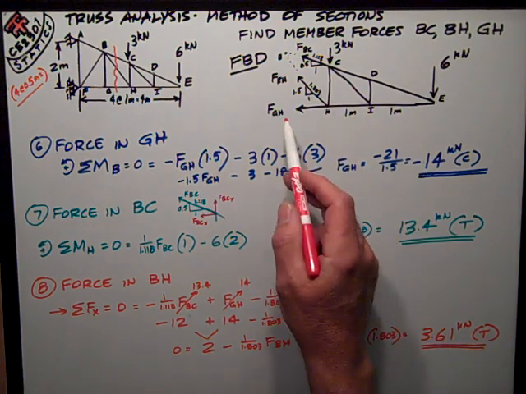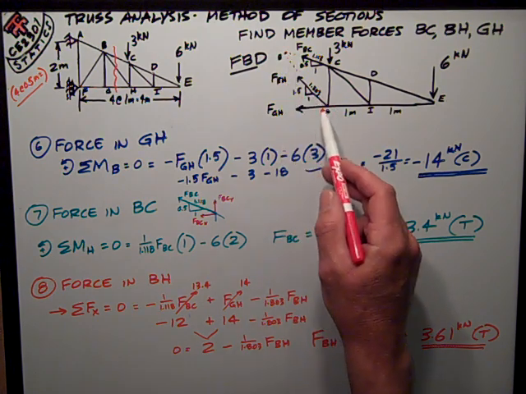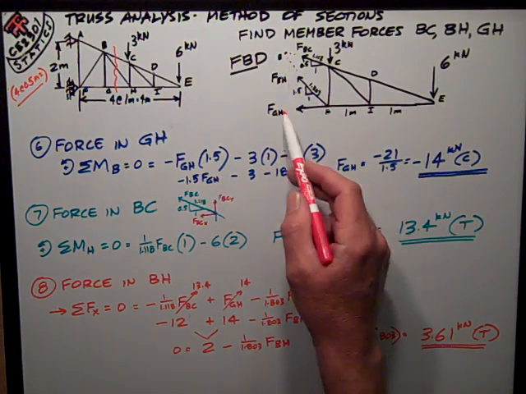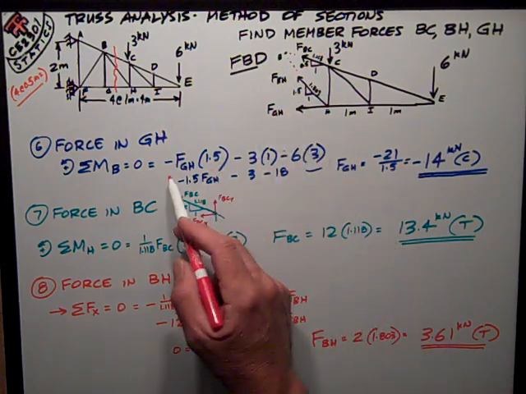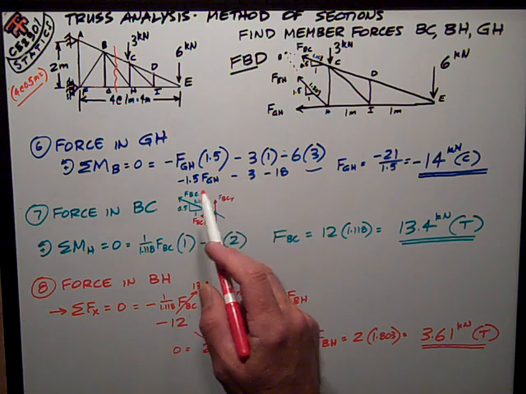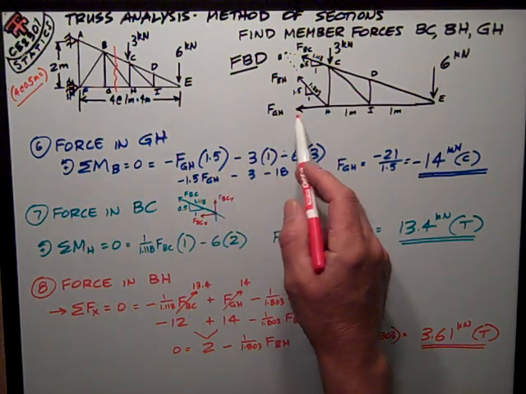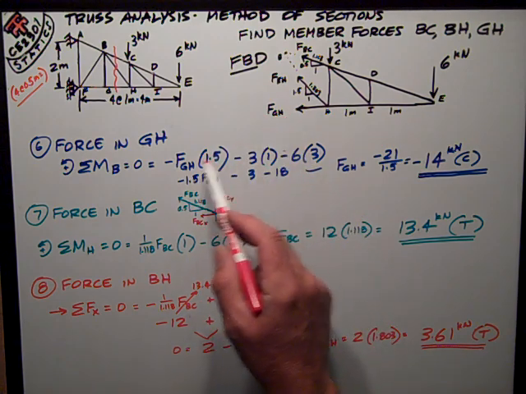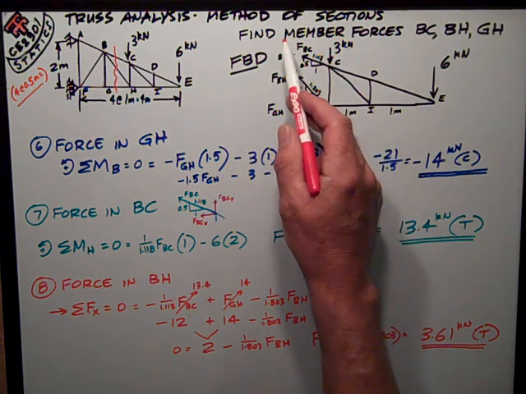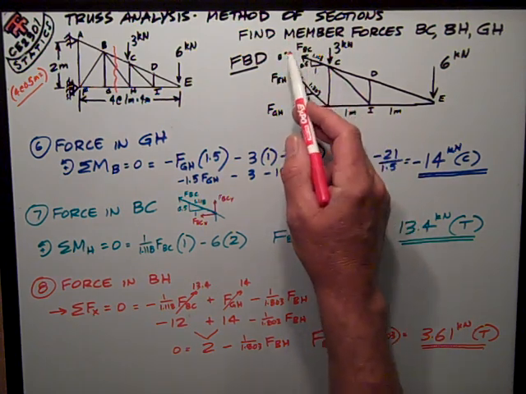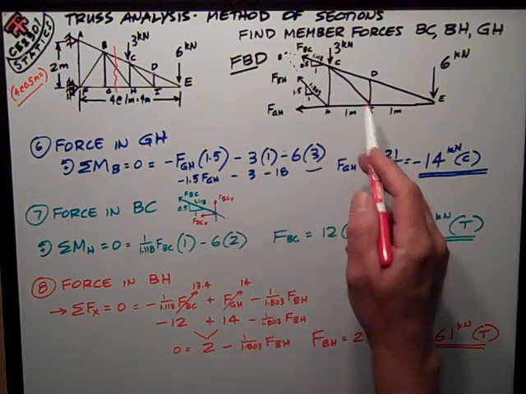All I have to deal with is the force in GH, and I'm summing moments about point B up here, so that's 1.5 vertically above GH. GH is trying to rotate clockwise, which is negative by my sign assumption. So I get FGH times 1.5 negative, minus this 3 kilonewton force here, 1 meter over from B. It's also trying to rotate clockwise, so it's a negative number.